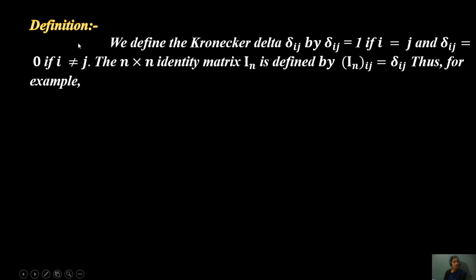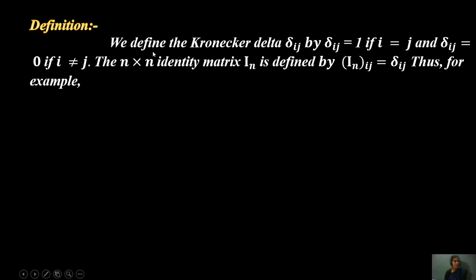Let us start the definition of another part. We define the Kronecker delta ij. Delta ij equals 1 if i equals j, and delta ij equals 0 if i is not equal to j.